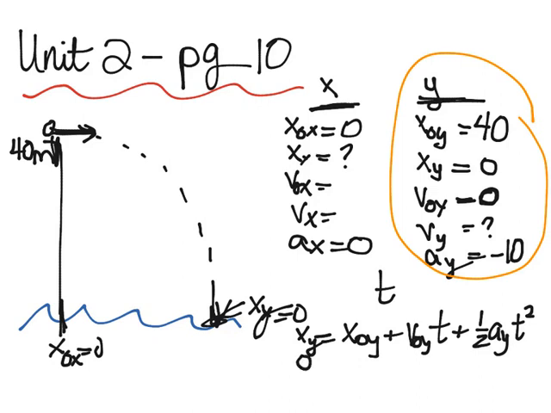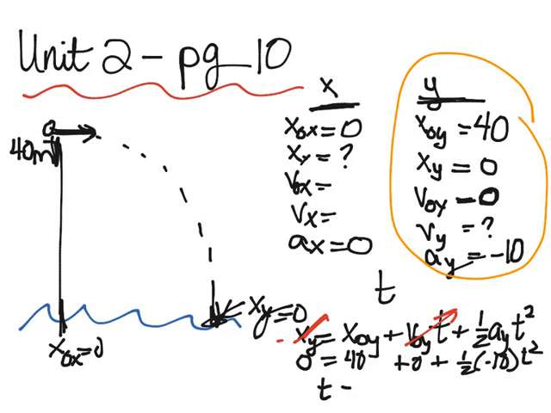So we have xy is 0, x naught y is 40, v naught y was 0, so that's going to go away. So we have 40 plus 0 plus 1/2 ay is -10 t squared.